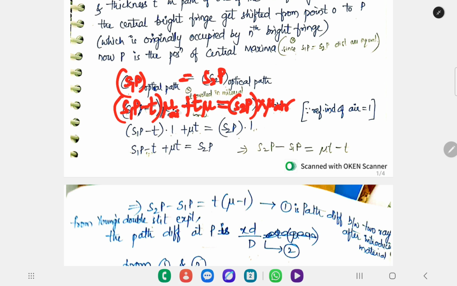So we can write S1P minus t plus mu t is equal to S2P into 1, because the refractive index of air is 1.